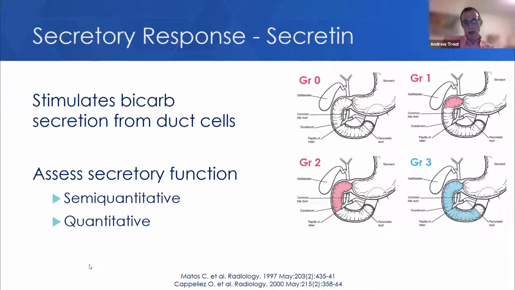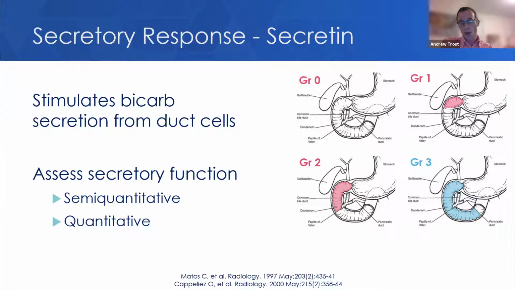Shown on the right here are color-coded diagrams for the Matos criteria, which is a semi-quantitative assessment of secretory function. Grade 0 is no fluid secretion; grade 1, filling only the duodenal bulb; grade 2, to the level of the genu inferius, or the junction of the second and third portions of the duodenum; and grade 3, fluid secretion that fills the duodenum well beyond the genu inferius and, at least as we see in children, spills over into the jejunum.